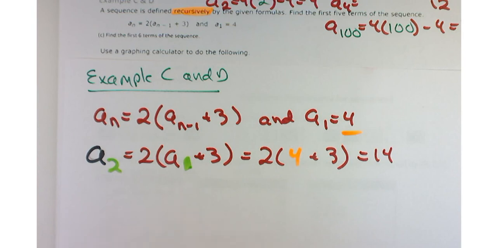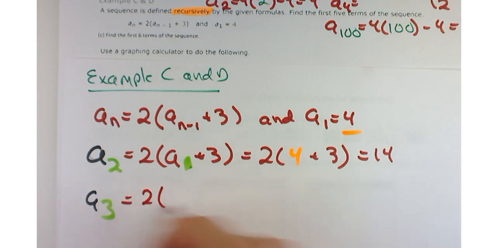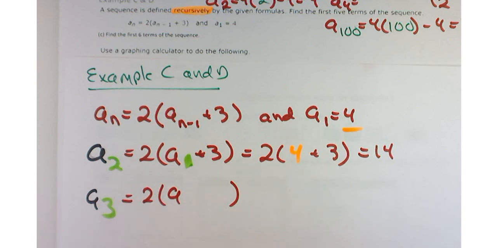Great. Now if I need to find the next term, say the third term in this sequence, a sub 3, I can do that because I now know what a sub 2 is. So a sub 3, like before, we're going to look at our previous term in the sequence. It's going to be 2 times a sub 2 plus 3.